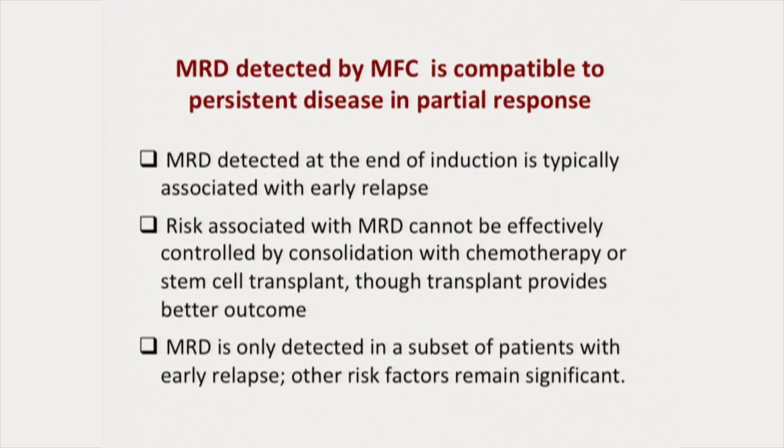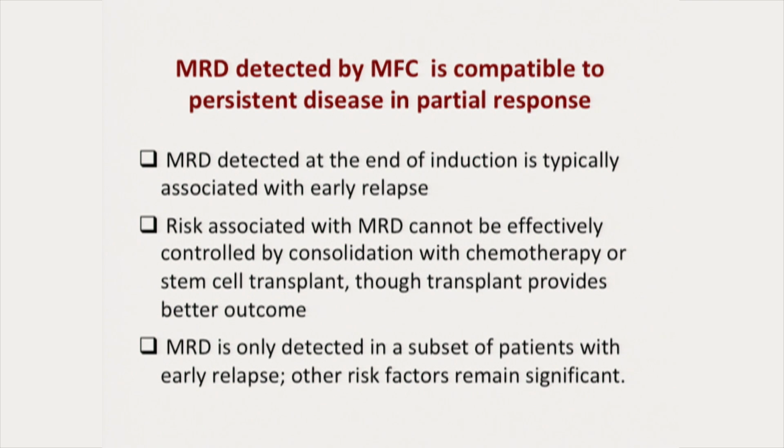So this summarizes the findings of MRD detected by flow cytometry. Those with MRD are typically associated with early relapse. And the risk associated with MRD cannot be effectively controlled by consolidation with chemotherapy or stem cell transplant, although the transplant does provide a better outcome in those patients compared to conventional chemotherapy.